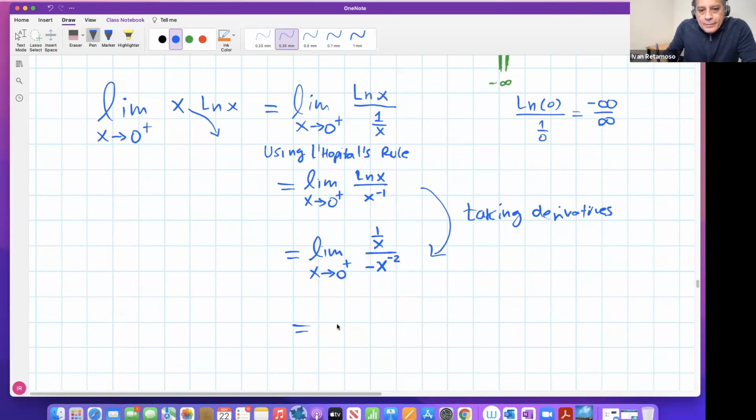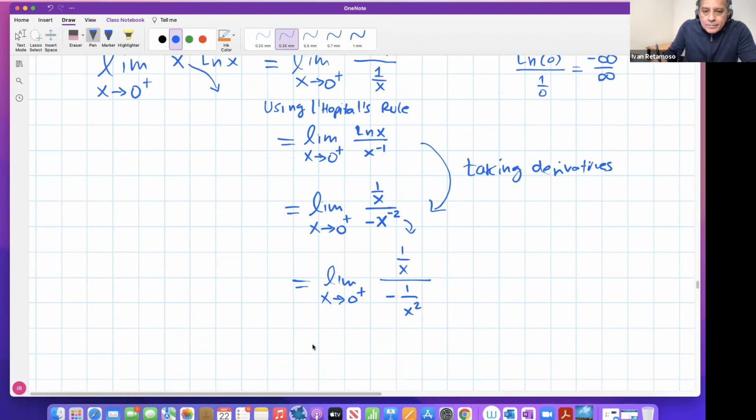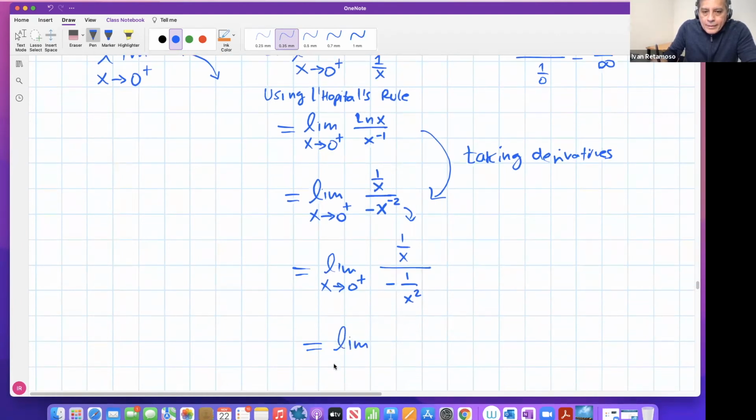But now this becomes the following. It's some crazy algebra here, but in the end we will see that we end up with something meaningful. I'm dividing these two. The limit as x approaches 0 from the right of 1 over x times what I get when I flip this, and don't forget the negative sign, so this will be x squared over 1.